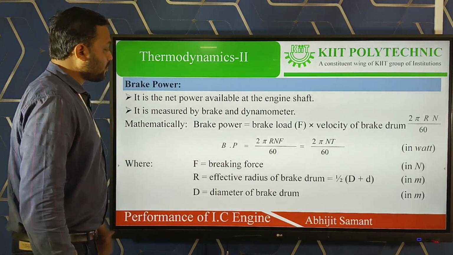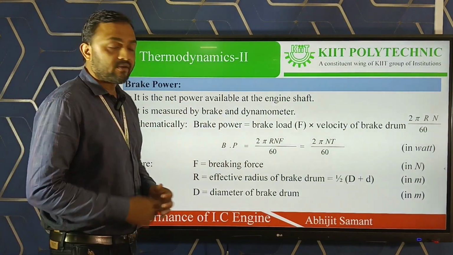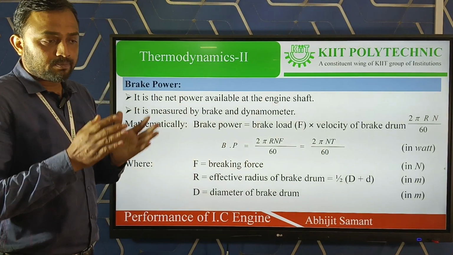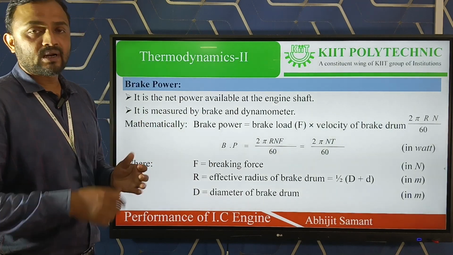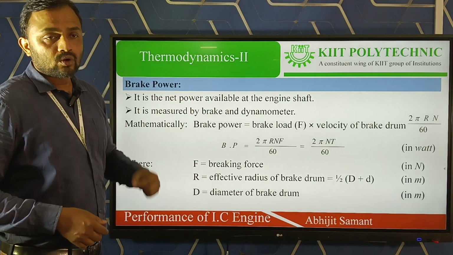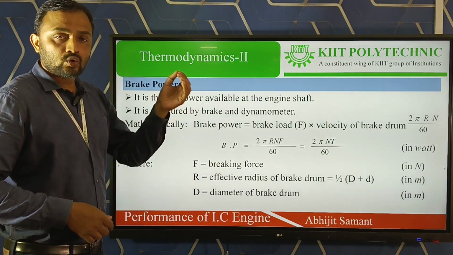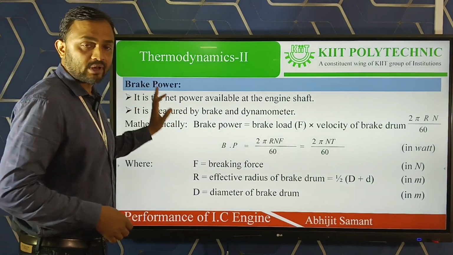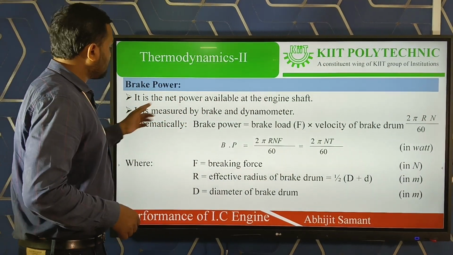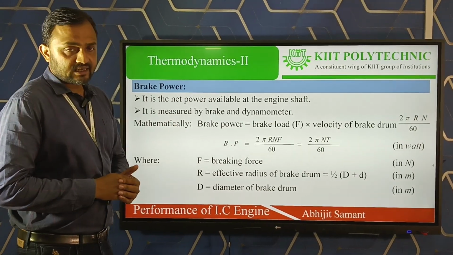Next is brake power. Brake power is the net power available at the engine shaft. The power developed by the IC engine is not entirely utilized to run the engine. The power actually available is known as the brake power. It is measured by the brake dynamometer.